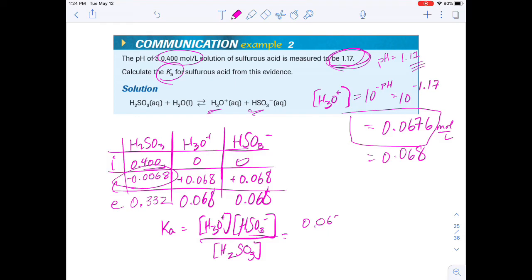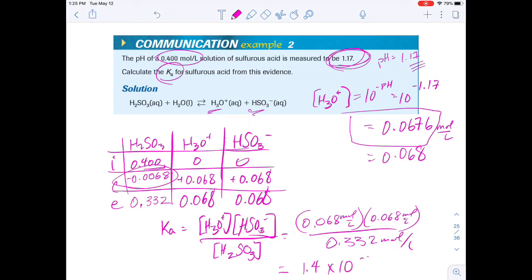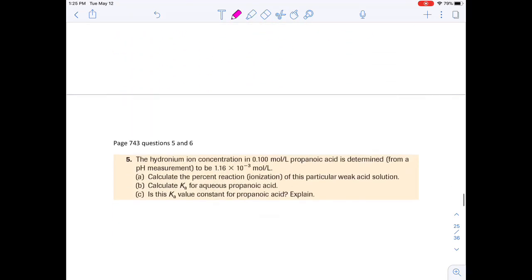So 0.068 mole per liter times 0.068 mole per liter over 0.332 mole per liter, and we'll get our Ka. We're getting a Ka of 1.4 times 10 to the negative 2. And we don't get any units for that because that's the Ka. So that's using experimental evidence to find it.